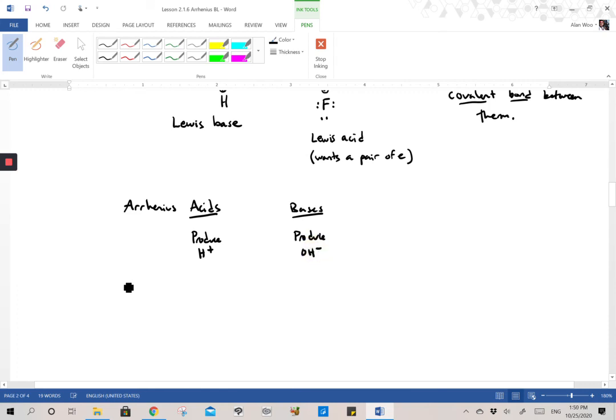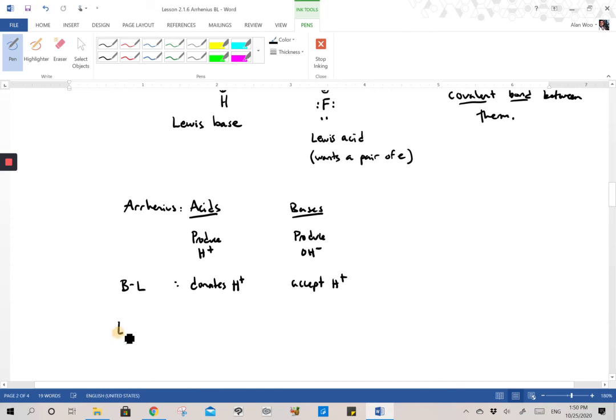If it's Bronsted-Lowry, the acids donate H+ ions, and the bases accept H+ ions.